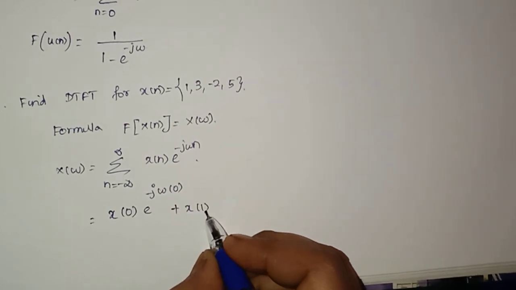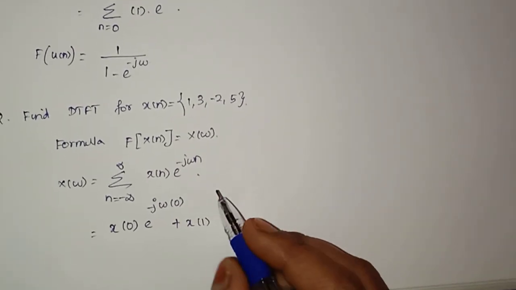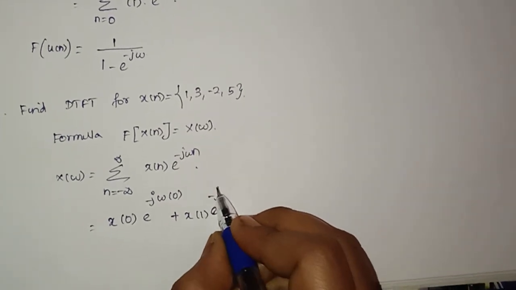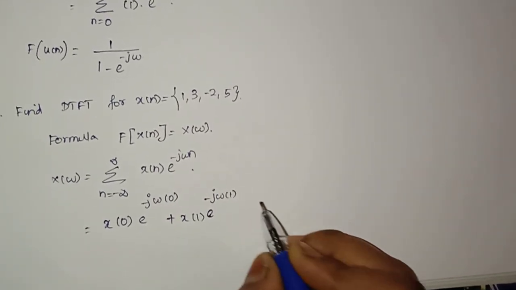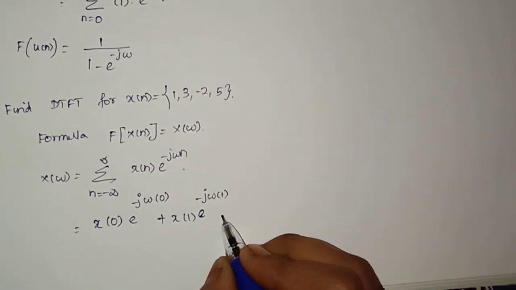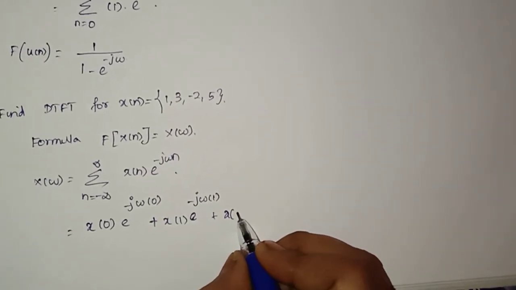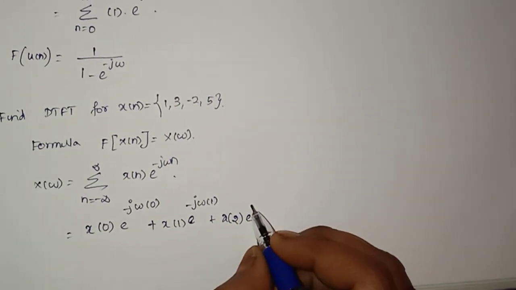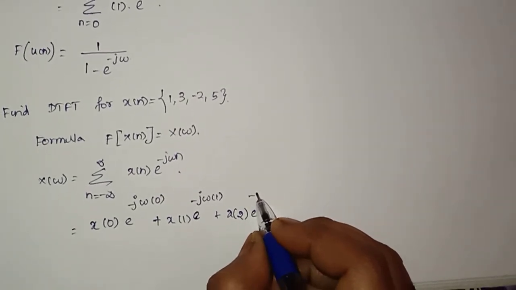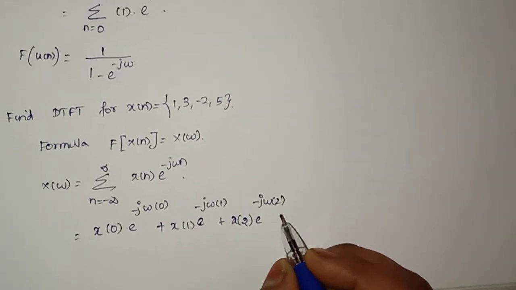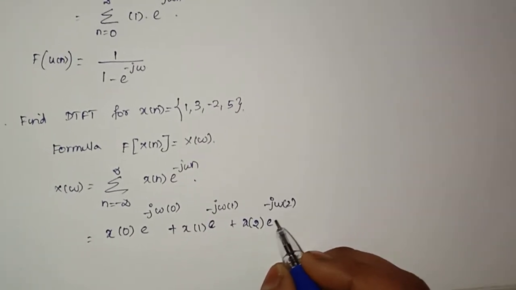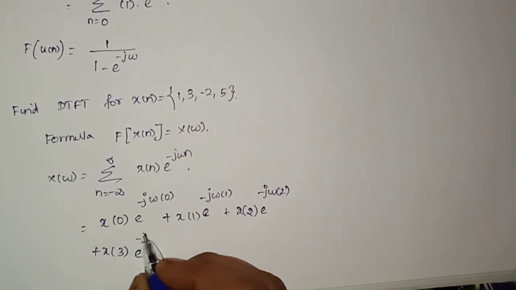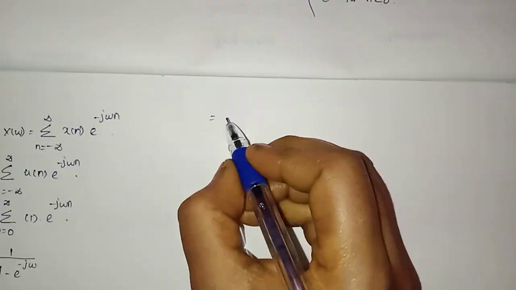Next x of 1 e power minus j omega for n equal to 1. Again x of 2 e power minus j omega 2, plus x of 3 e power minus j omega 3.